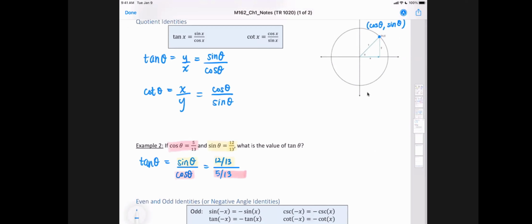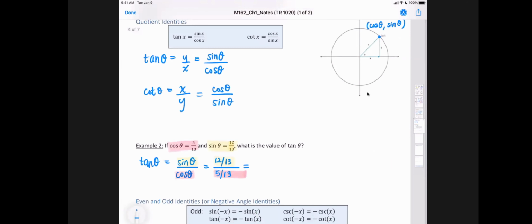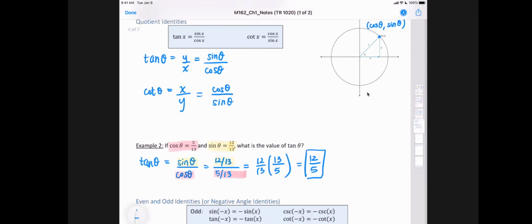We have a fraction divided by another fraction, so we flip the denominator and multiply by the numerator. So we get 12 over 13 times 13 over 5. The 13's cancel, so we end up with 12 over 5. So we get that tangent of theta comes out to 12 over 5.